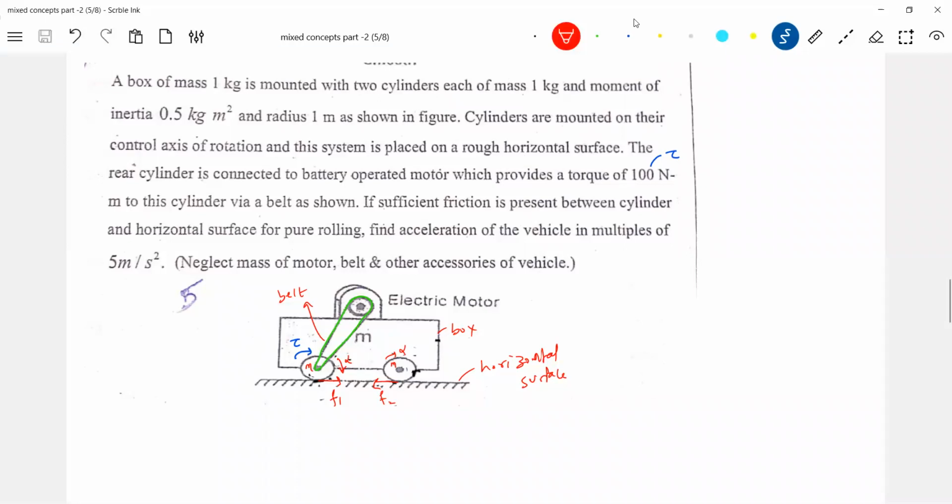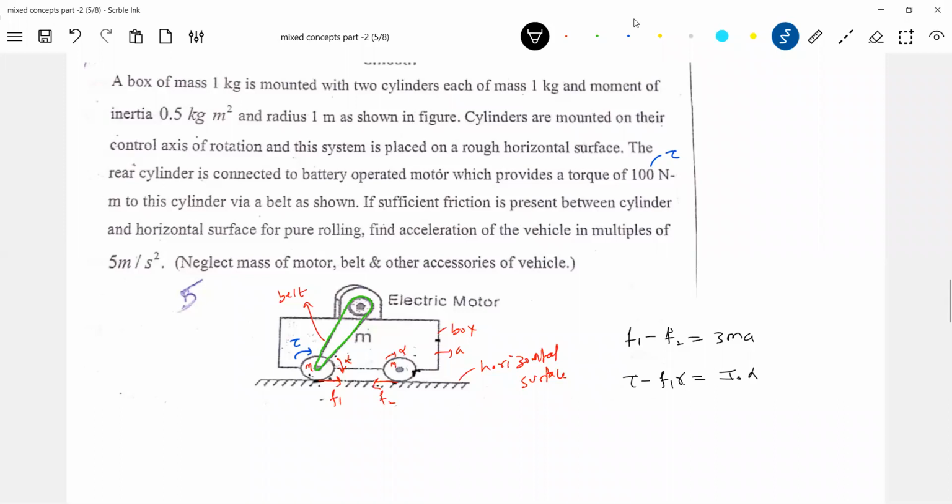Now the total acceleration of this, let it be A. Then what is the basic equation we can write? First, F1 minus F2 is equal to 3mA. Then the torque acting on the rear cylinder, tau minus F1 into radius, let me take small r, should be equal to I naught alpha.